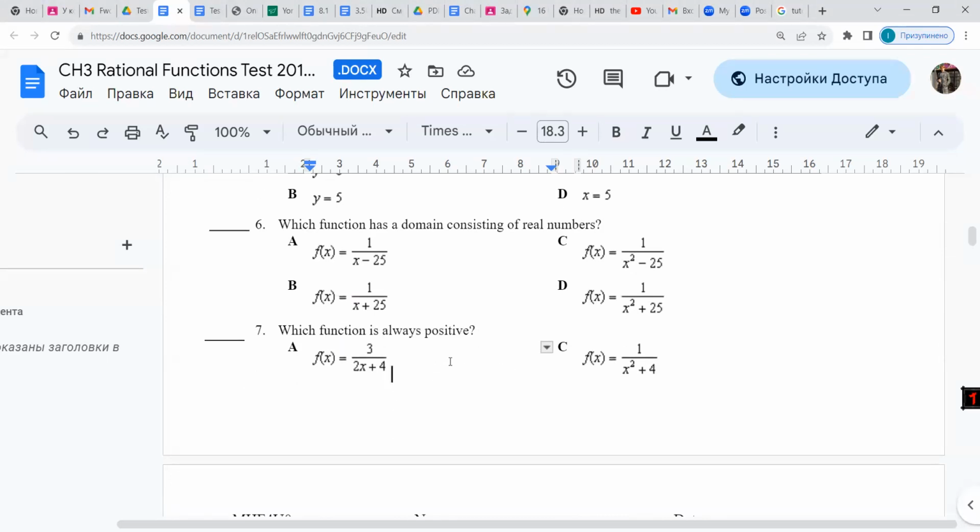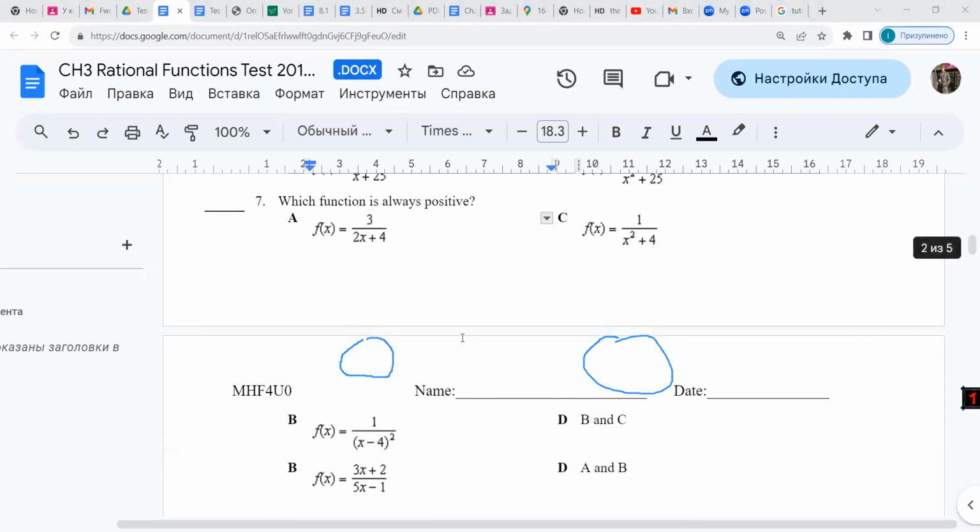Let's see which function is always positive. This is a fairly simple task. In this one, you can see that you can make the denominator negative fairly easily. In this one, C would be always positive because there is no way for us to make the denominator negative and the numerator is positive itself.